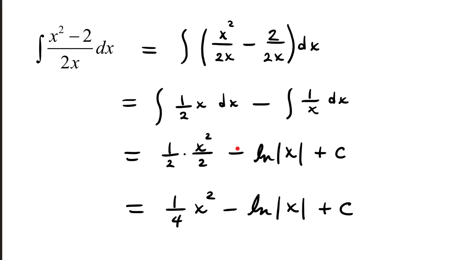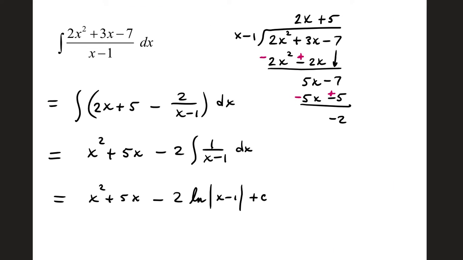So that's minus natural log of the absolute value of your denominator plus your constant of integration. So our general antiderivative is 1/4 x squared minus natural log absolute value of x plus c.